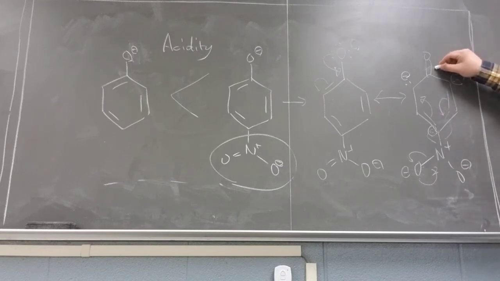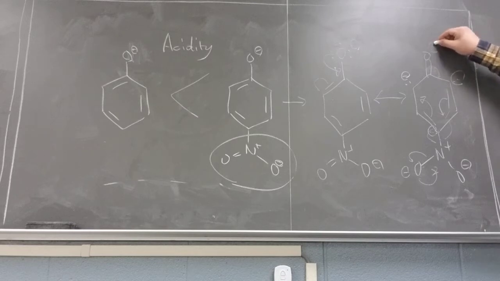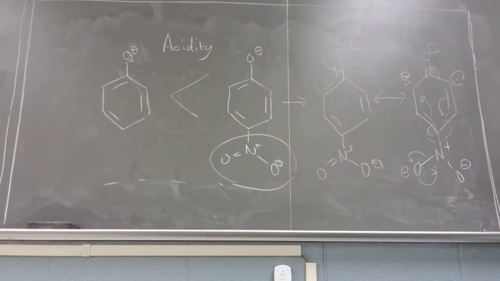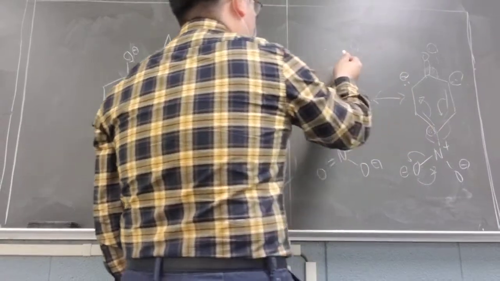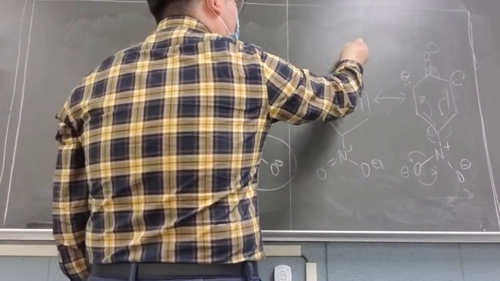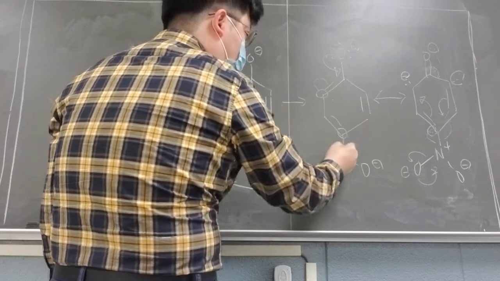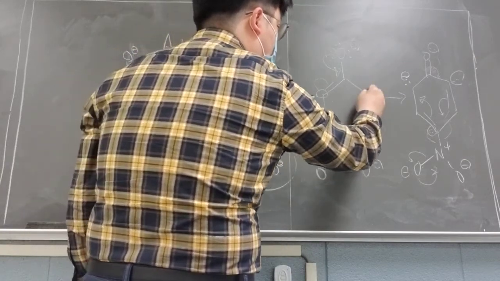And then you can push down to here to move this here again. So you see the negative charge here with the lone pair movement down here, right? And goes here, here, here, here.